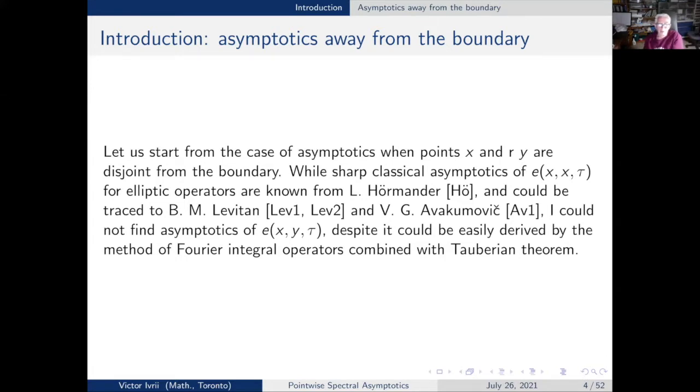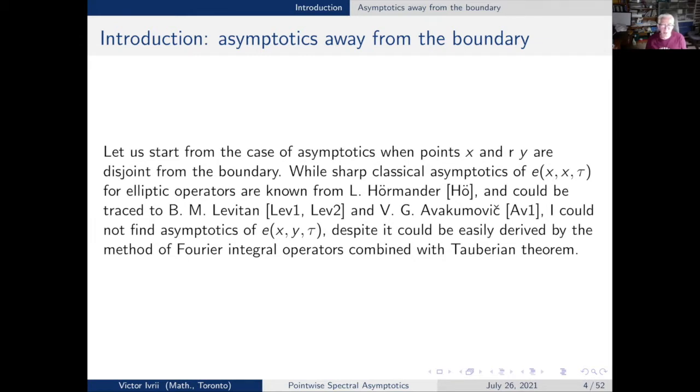So let us start from asymptotics when x and y are disjoint from the boundary. Sharp classical asymptotics for elliptic operators are well known.